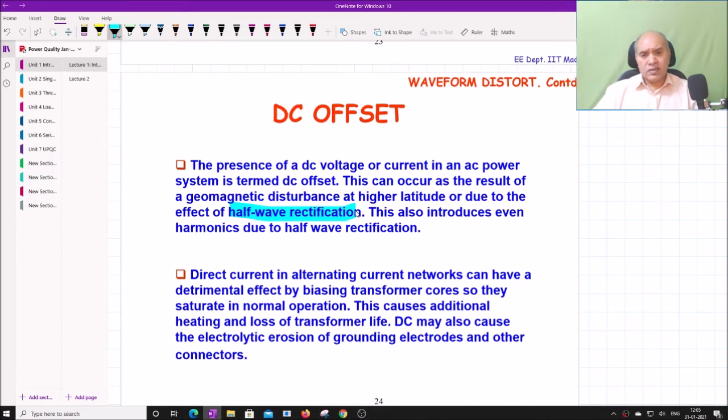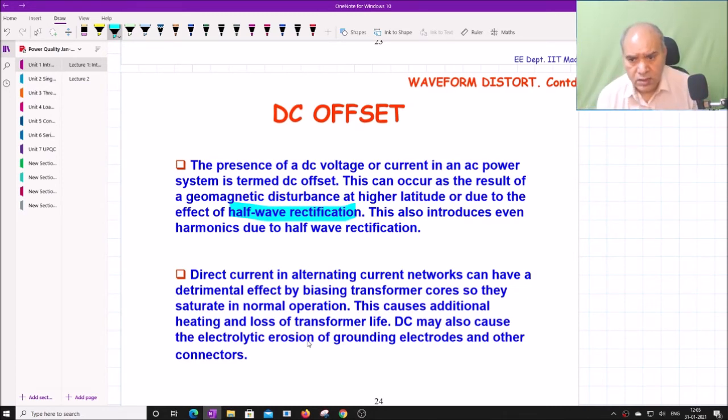But mostly there is a very small component from the source side, but mostly the DC component comes from half wave rectification from the load side. And the other things that may cause the DC component are electrolytic erosion of grounding electrodes and other connectors.